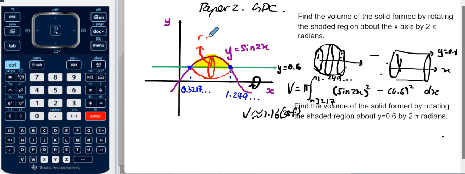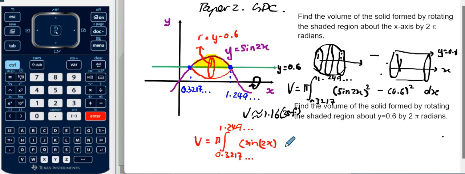This radius here is y minus 0.6. Therefore, the volume now of this rugby ball is going to be equal to pi, integrate from 0.3217 dot dot dot to 1.249 dot dot dot, and then inside you will have y, in this case sine 2x, minus 0.6 everything squared dx.